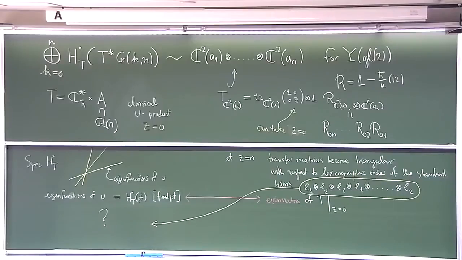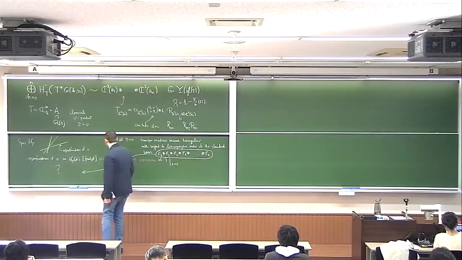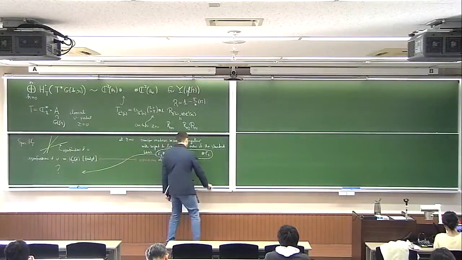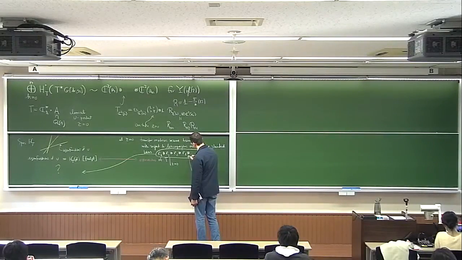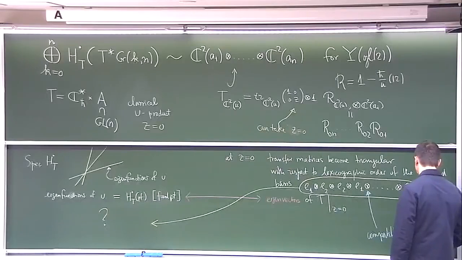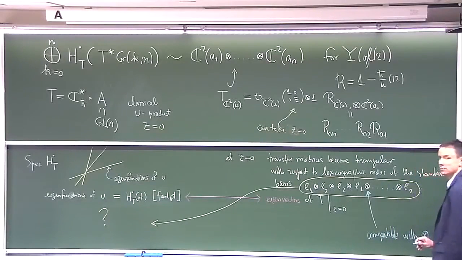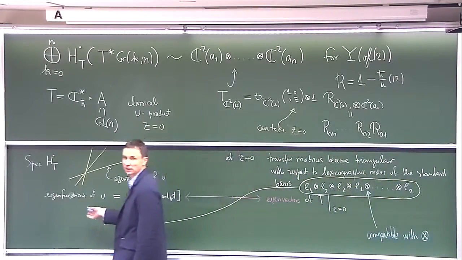And the reason that question is important is because on this side, this is a basis which, just by its very construction, is compatible with the tensor product. And the tensor product is precisely the structure we would like to find on this side.